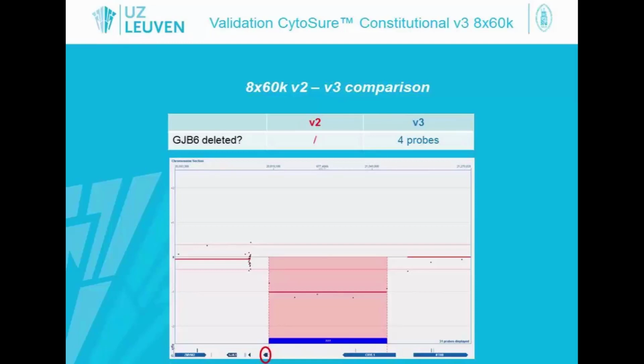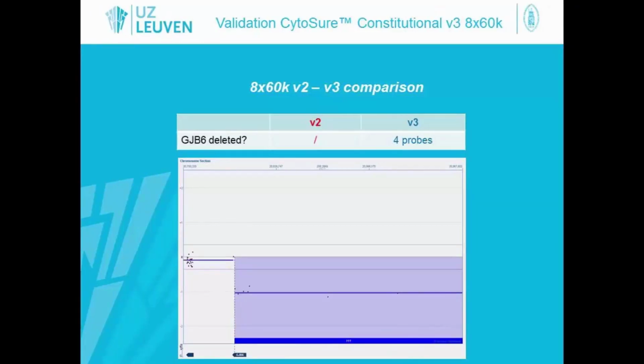So we took a look at the V3, and we processed this sample on the V3 platform. And indeed, the V3 platform had 4 probes in this region, and we could now accurately call this deletion and be confident that this gene was also involved in this deletion.